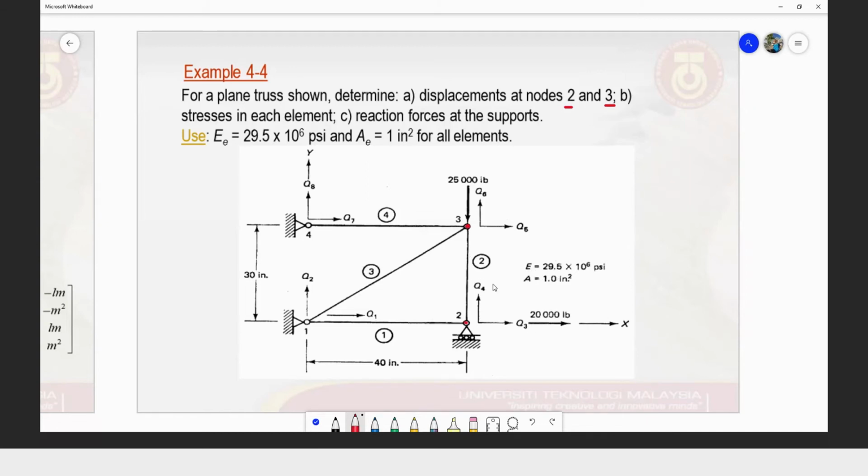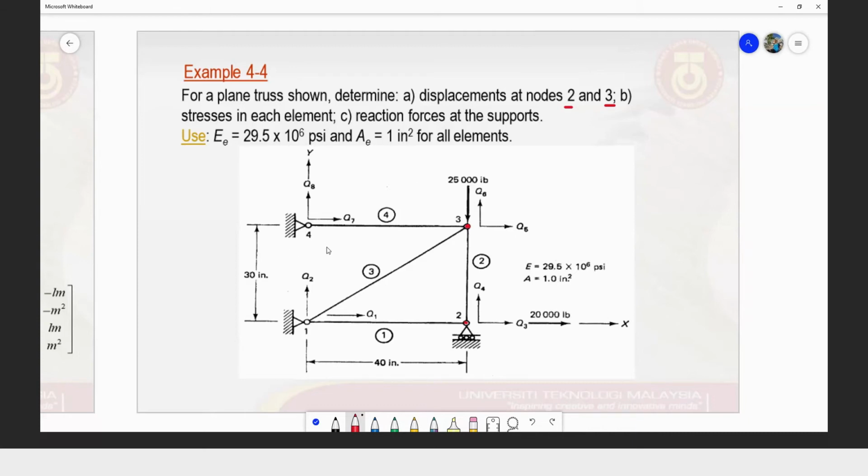At these two nodes, as we can see, node 2 is supported by a pin roller type of support. And at node 3, it's a free end of our structure. Nodes 1 and 4 are supported by a pin fixed type of boundary condition or support.